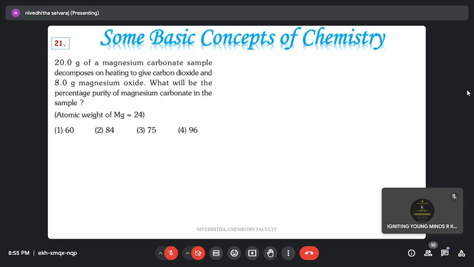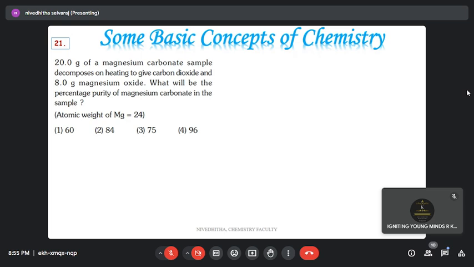What will be the percentage purity of magnesium carbonate in the sample? Here in this question, they're asking us to calculate the purity of the sample. The process they have given is that magnesium carbonate was taken, and by heating we decomposed it to give magnesium oxide and carbon dioxide.